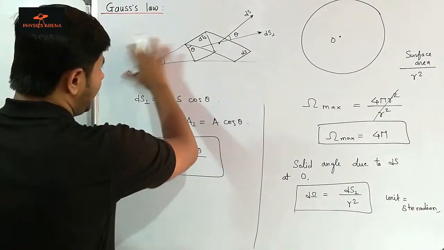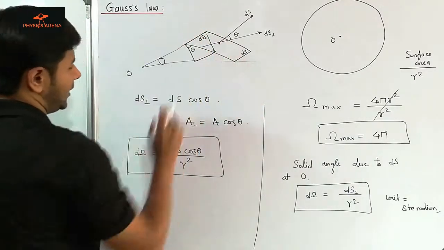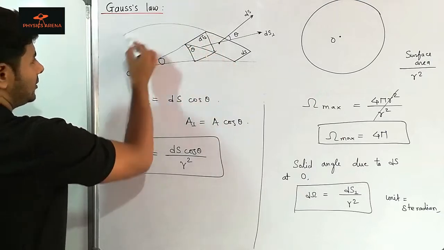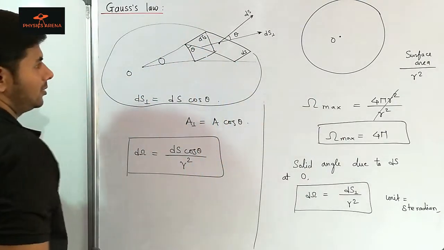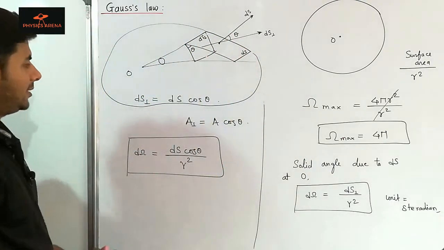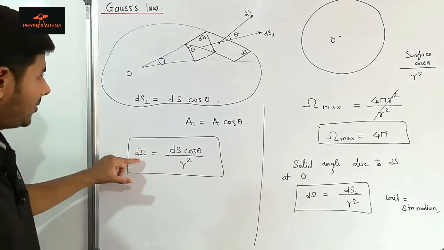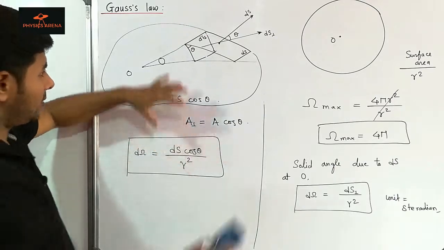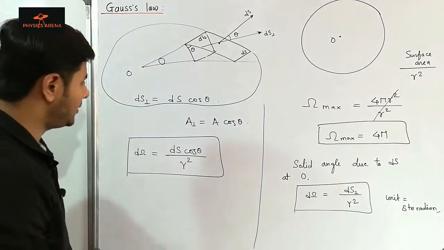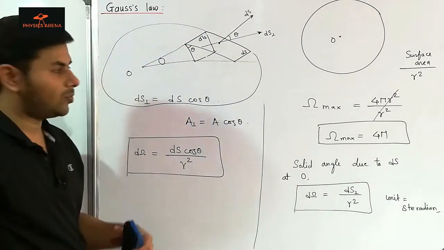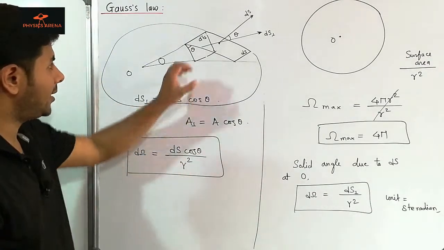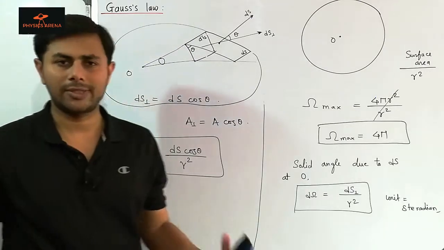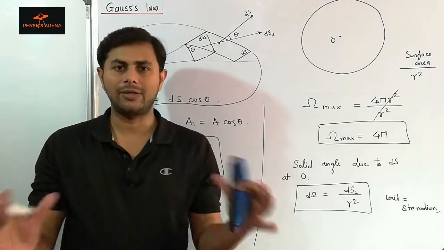We can have this surface as a part of a big closed surface like this. This much surface subtends a solid angle of d omega. If we consider such small surfaces over this entire closed surface, then the sum of those solid angles subtended by all those small surfaces will be equal to the total solid angle subtended by the closed surface.